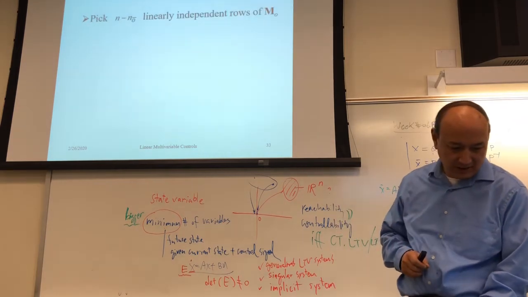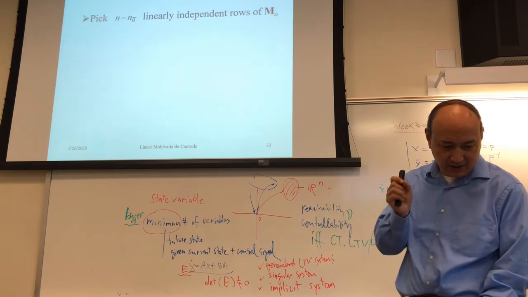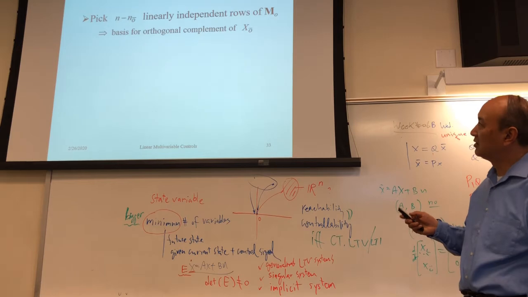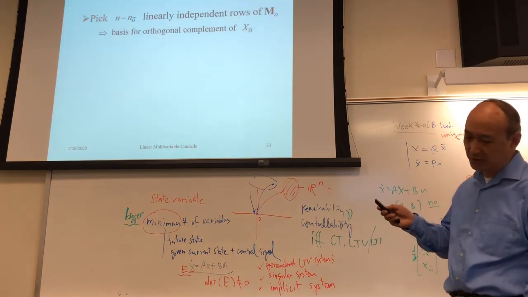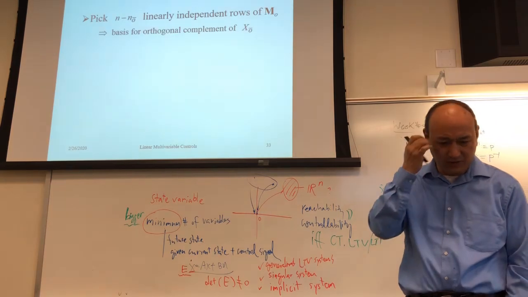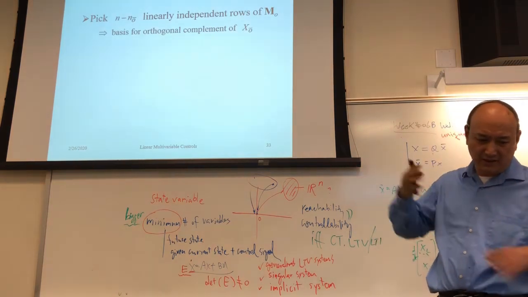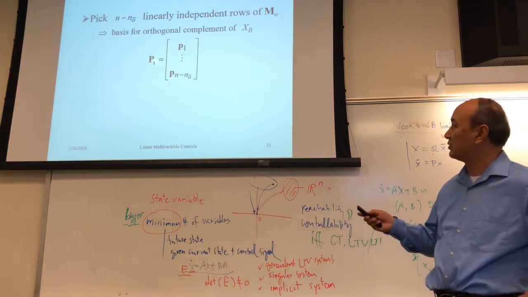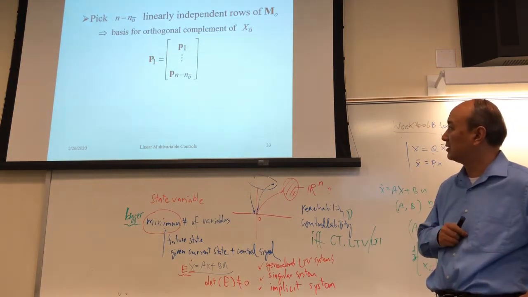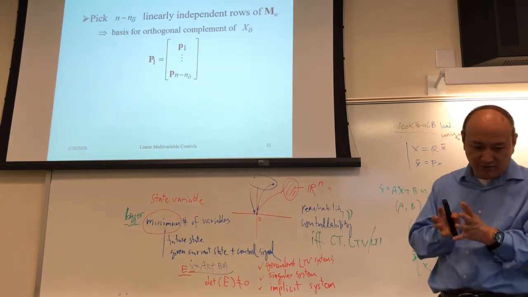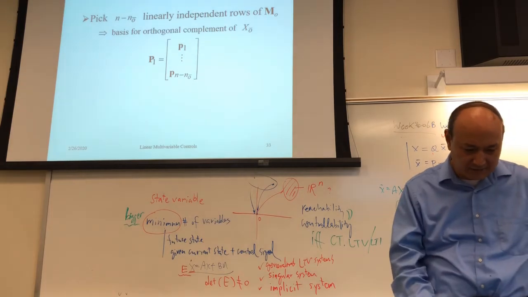So then we can pick N minus N O bar, the number of observable modes, linearly independent rows, having orthogonal complement of X bar, forming this P1 matrix.